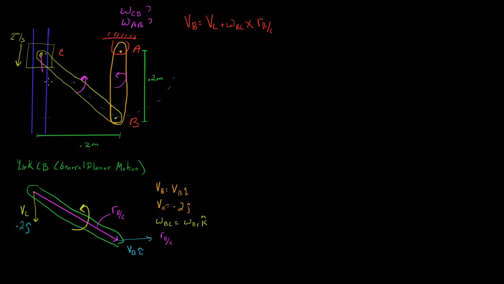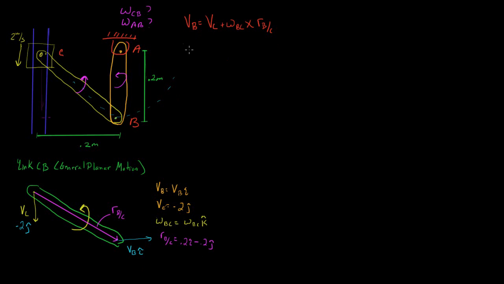So we have something like this, down and over. And in order to do that, I like to keep my i components first, so this is going to be 0.2i minus 0.2j. And now I have all the parts of this equation, and I can just substitute in.